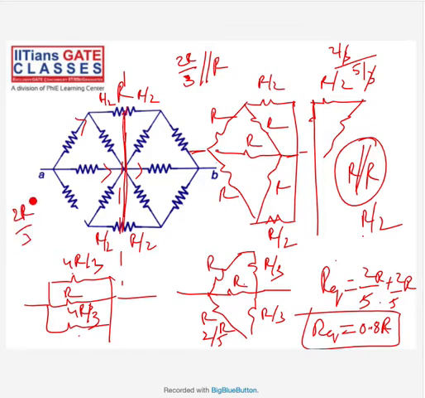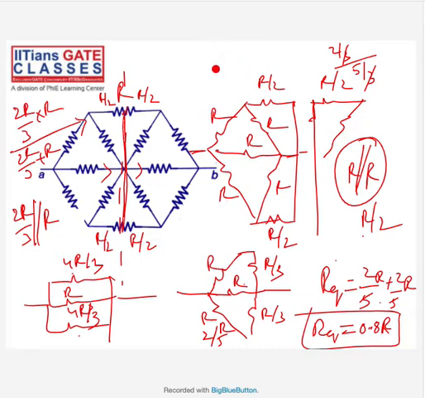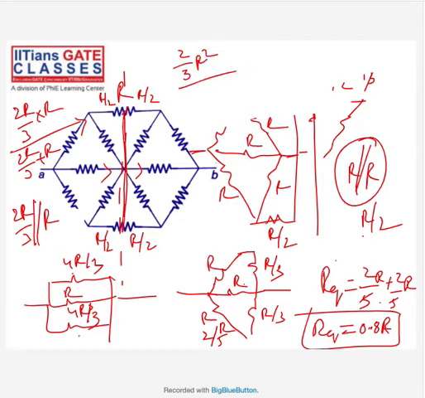2R by 3 parallel with R. So what you will get is 2R by 3 into R, divided by 2R by 3 plus R. I'm erasing this part. This is 2 by 3 R square divided by 3 plus 2 is 5.